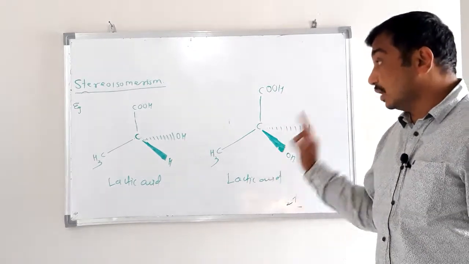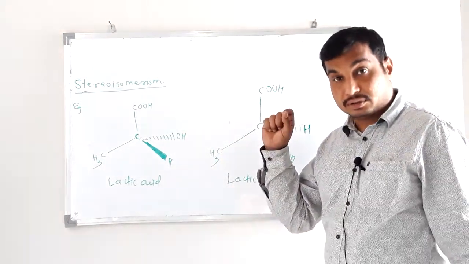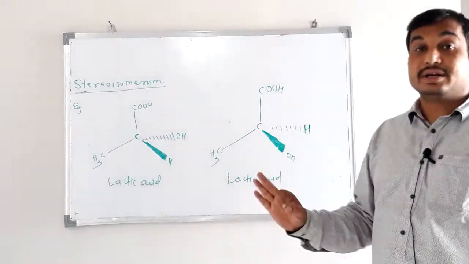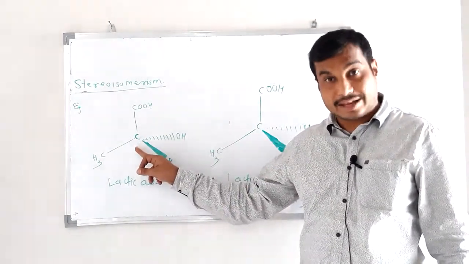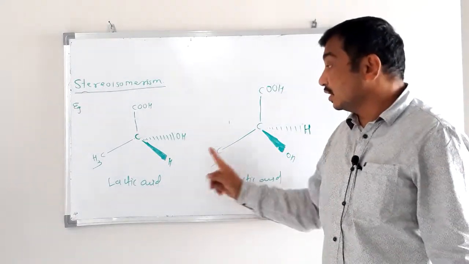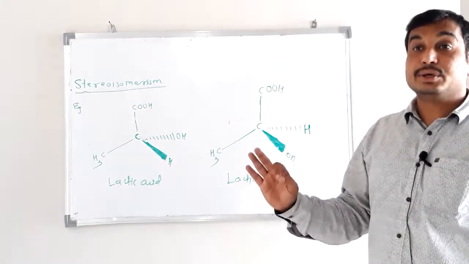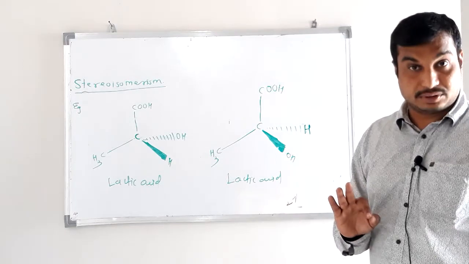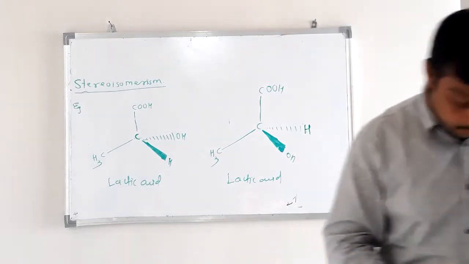Such isomers have the same molecular formula, even the same structural formula, and the same chemical bonds, but the orientation of atoms or groups of atoms across this carbon in 3-dimensional space is different. Such isomers are called stereoisomers. Getting my point? This is stereoisomers.